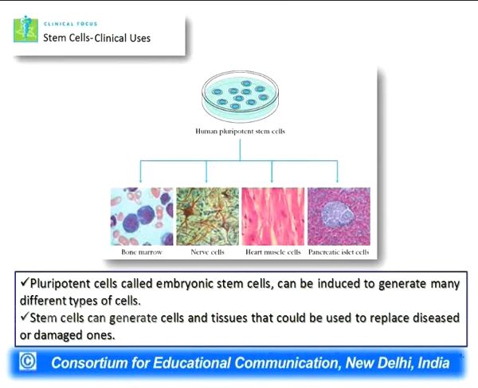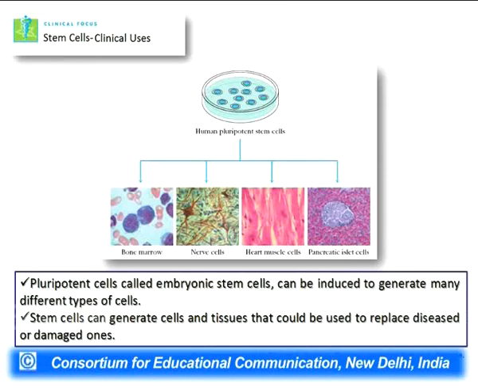So we can replace diseased or damaged tissues with these newly formed ones. Suppose a person is suffering from insulin-dependent diabetes, we can easily replace the deficient or inactively working pancreatic islet cells with newly formed stem cell-derived pancreatic islet cells, and the patient can recover.